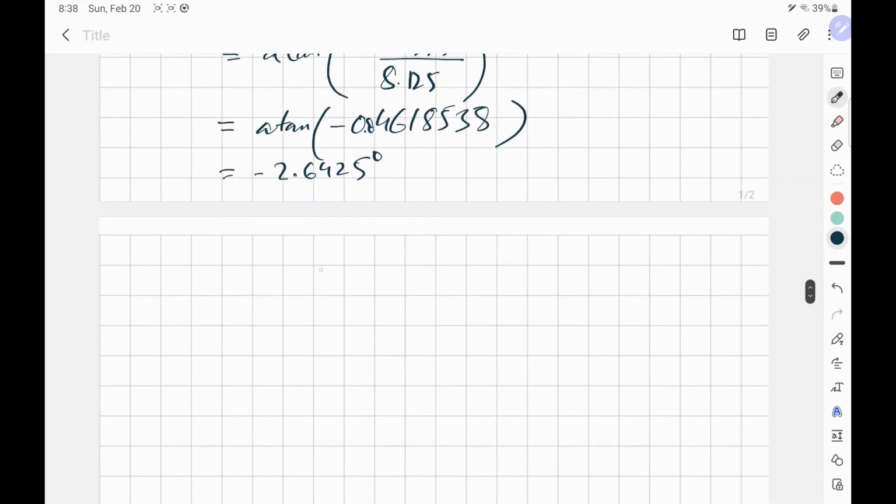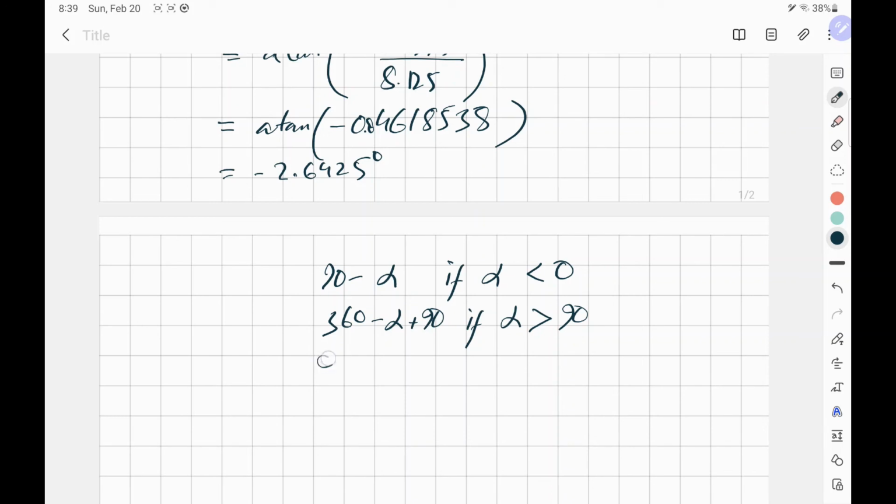The aspect is 90 minus the aspect value if our aspect is negative. It is 360 minus aspect plus 90 if aspect is greater than 90. Otherwise, it is 90 minus aspect value.